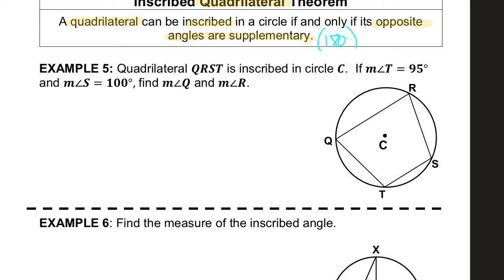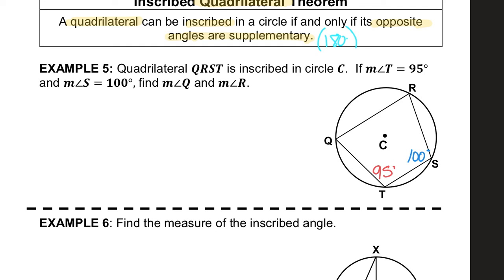So we take a look at the first example here with our quadrilateral. We're told it's inscribed in circle C. The measurement of angle T is 95 degrees, and the measurement of angle S is 100 degrees.